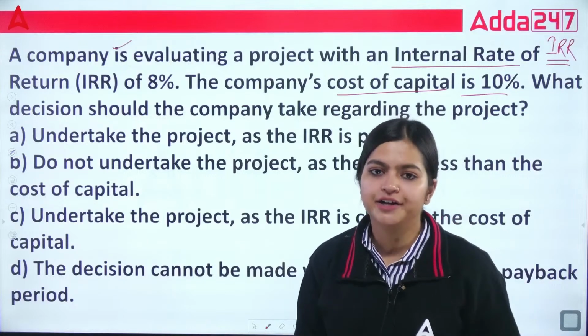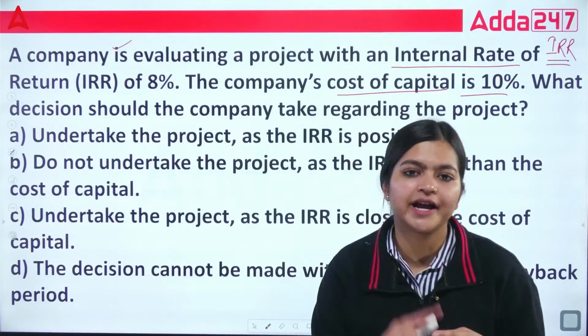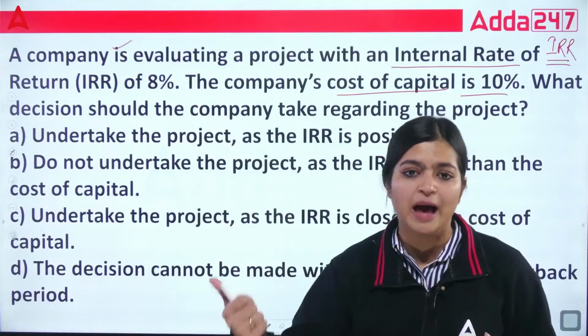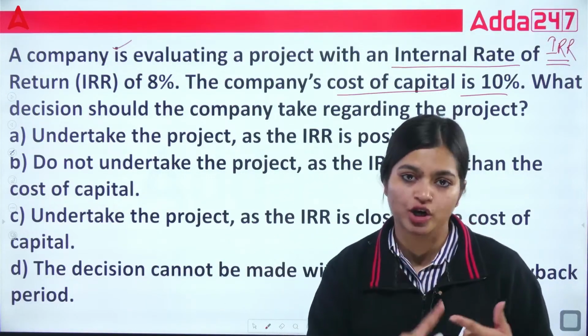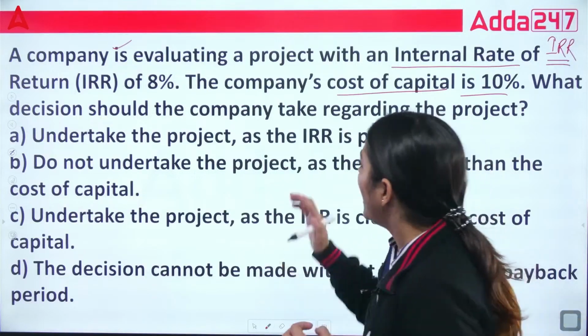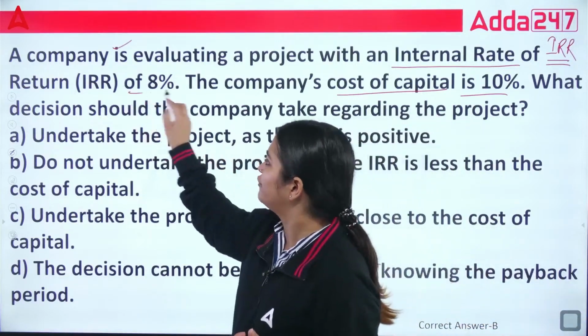On the other hand, if your IRR is less than your cost of capital, then we do not undertake that kind of project. Okay, so IRR is your kind of rate of return.